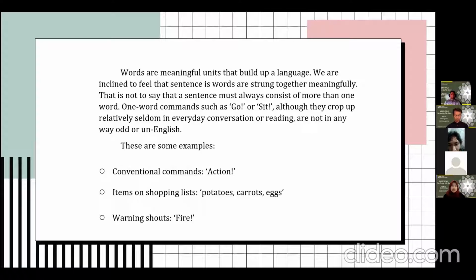We are inclined to feel that a sentence is words strung together meaningfully. If we want to communicate with each other, we use language as a bridge, right? We can use Indonesian, English, Sundanese, Betawi.